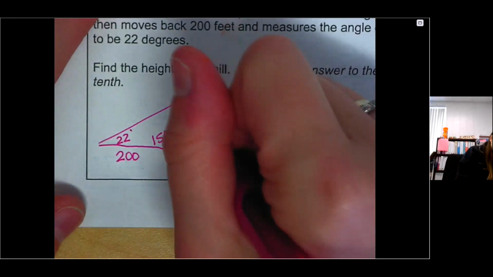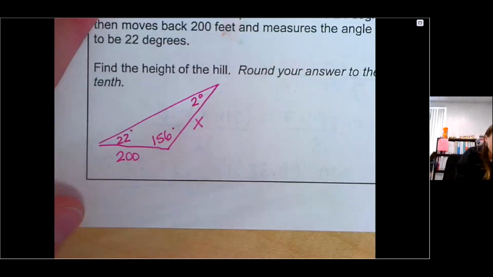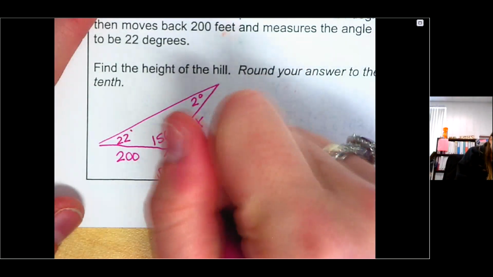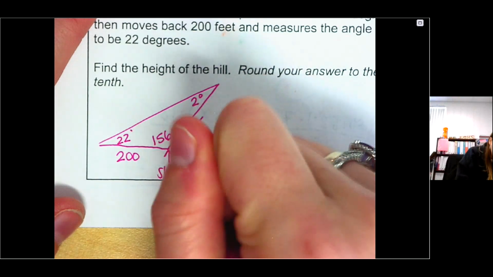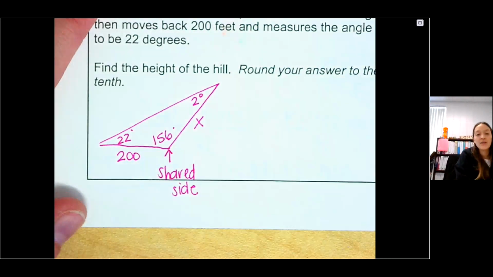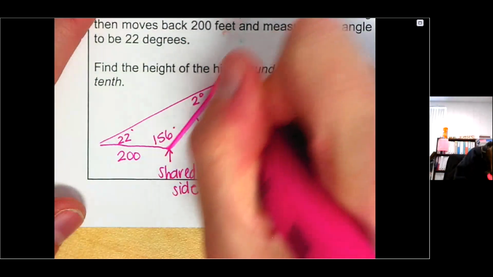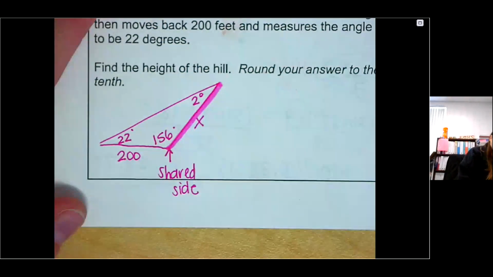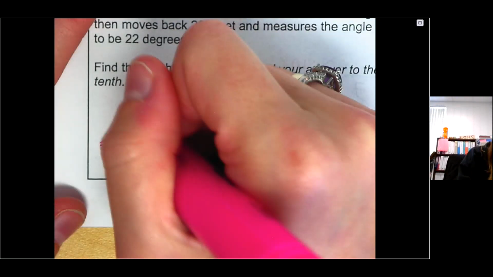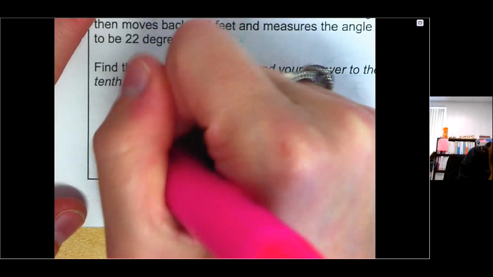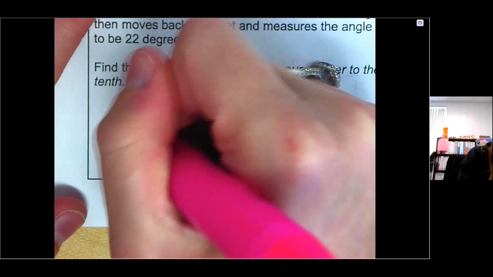And I'm trying to figure out this side length here because that is my shared side. Okay, so if I am trying to look for this pink side, the angle that's opposite that side is the 22 degrees.